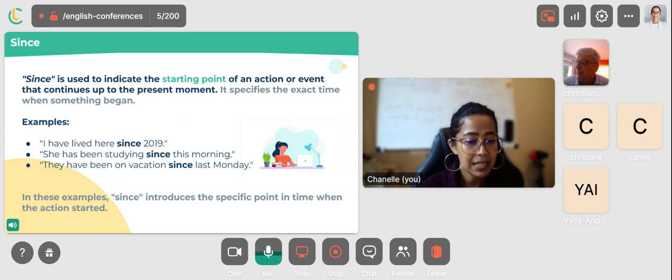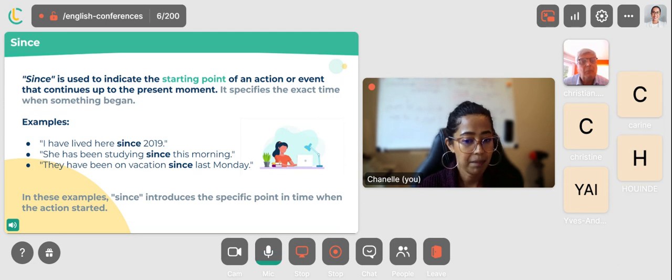She has been studying since this morning. They have been on vacation since last Monday. In these examples, since introduces the specific moment in time when the action started.